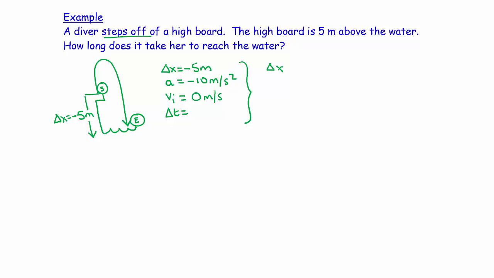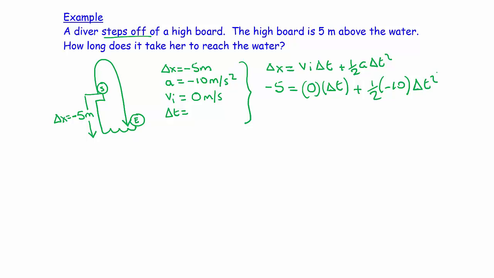Delta x is equal to vi delta t plus 1/2 a delta t squared. So minus 5 is equal to 0 times delta t plus 1/2 times minus 10 times delta t squared. So minus 5 is equal to 0 plus minus 5 delta t squared.